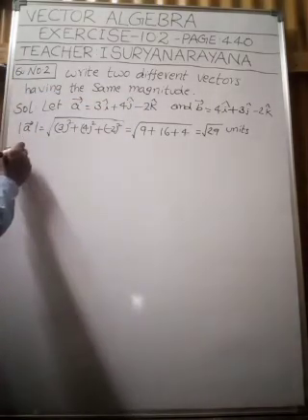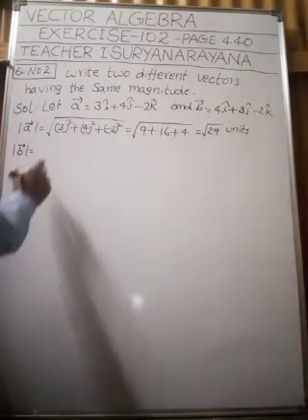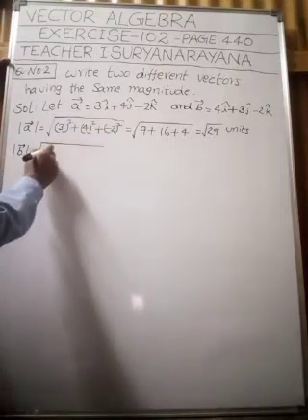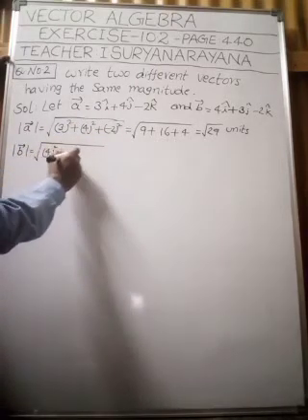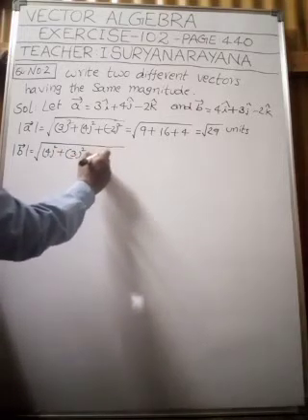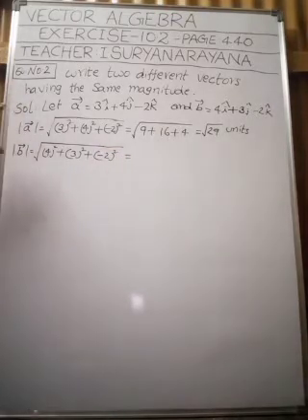Right. Similarly, let us find the magnitude of vector b bar. How do you find? Square root of I cap coefficient, that is 4 square, plus j cap coefficient, that is 3 whole square, plus k cap coefficient minus 2 whole square. Okay, my children, I use the same formula as we have used to compute the magnitude of a given vector.